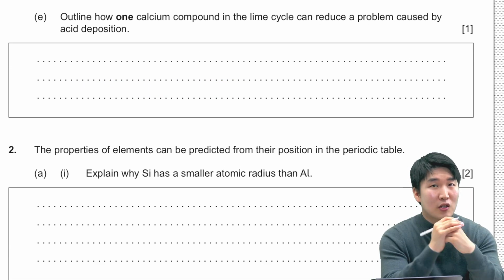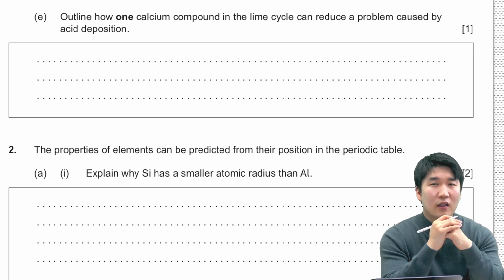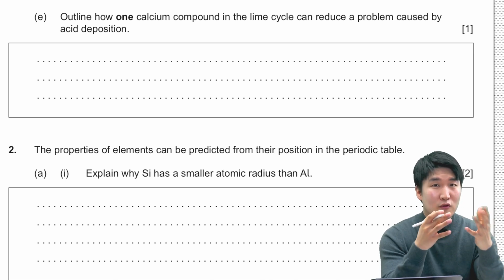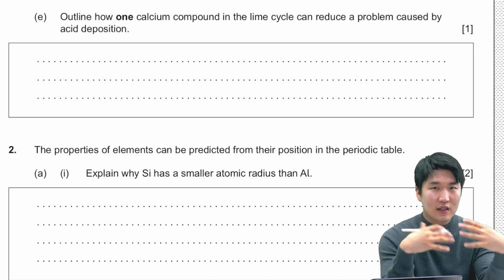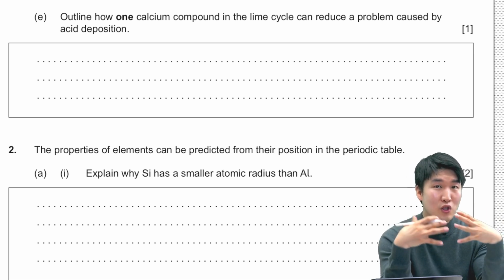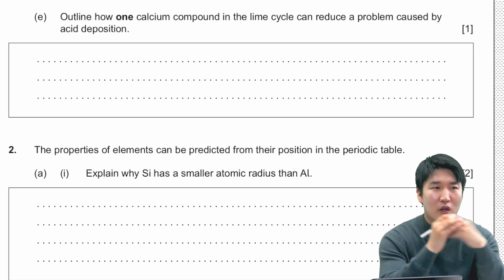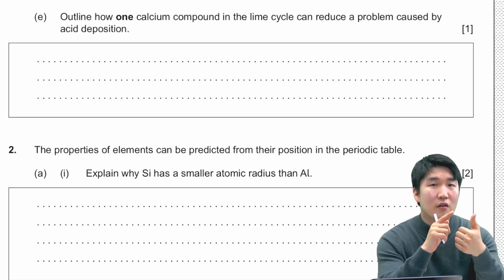We had many calcium compounds, starting with calcium carbonate, calcium oxide, and calcium hydroxide. In fact, all of these 3 compounds should be able to alleviate the effect of acid deposition. Sulfuric acid and nitric acid produced from acid deposition should neutralize with any of calcium carbonate, calcium oxide, and calcium hydroxide.